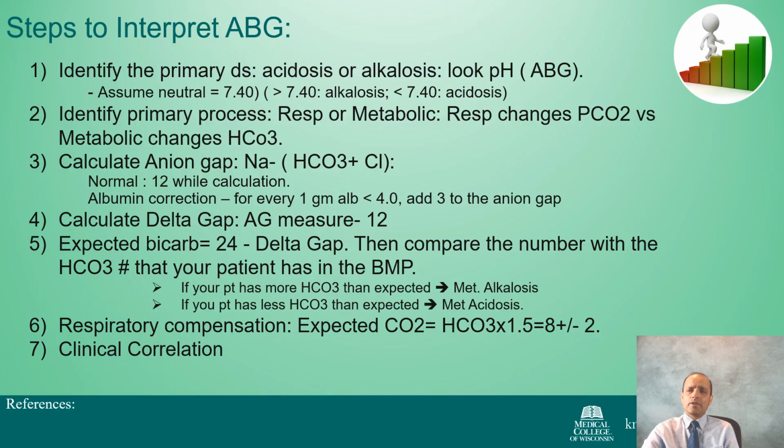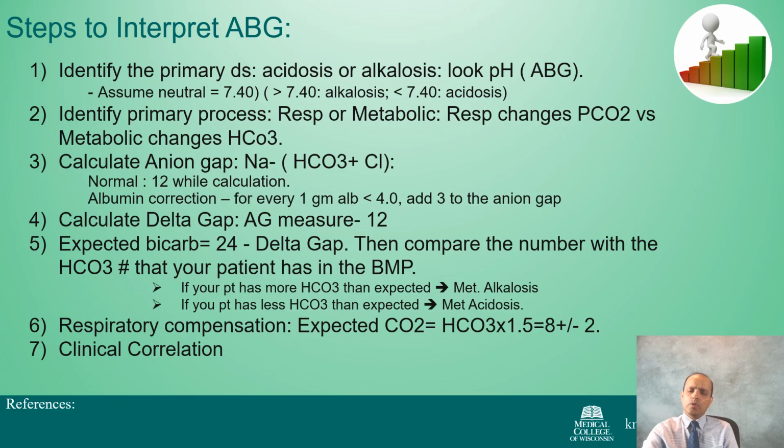If somebody has acidosis with high carbon dioxide, most likely it's respiratory acidosis. There you find out the primary pathology, and then you calculate the anion gap. Anion gap is calculated by subtracting the sum of bicarbonate and chloride from sodium, and the normal number for anion gap that we already talked about is 12.